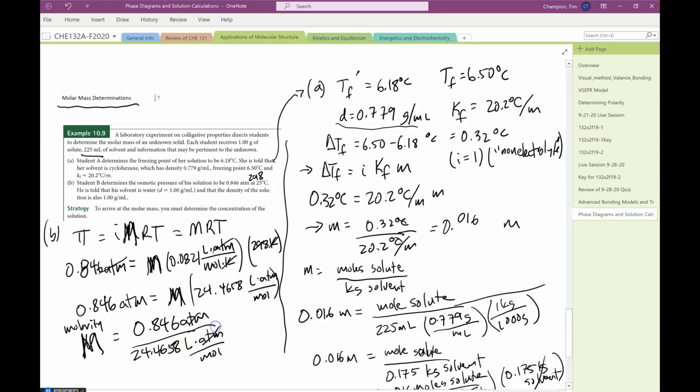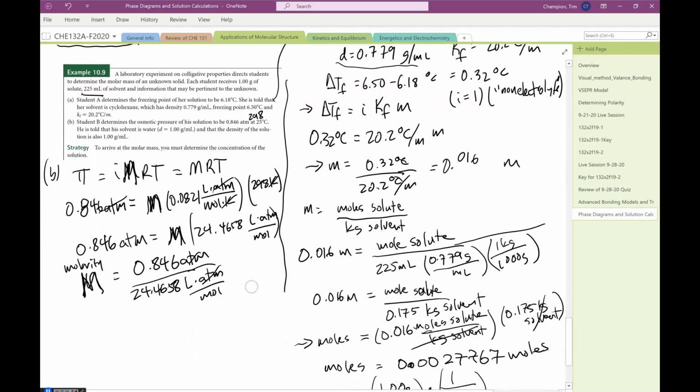Atmospheres cancels out. 1 over liters over moles becomes moles over liters, which is molarity. So 0.846 divided by 24. If it was 8 divided by 24, that'd be about a third, and so 0.08 is going to be about 0.03, somewhere around that.